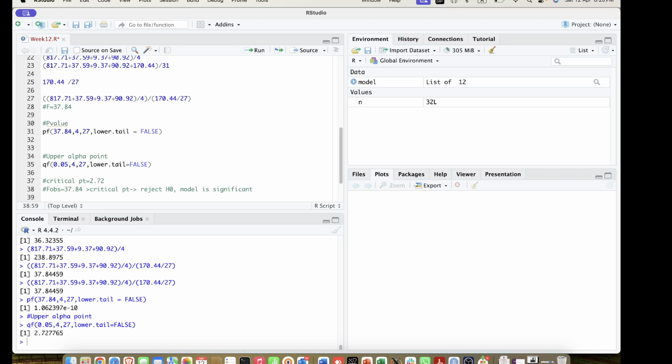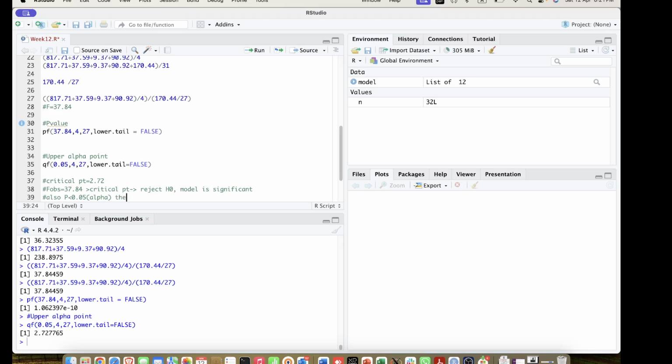Okay, and also the p-value, same thing, either we talk in terms of the critical value or in terms of the p-value. The p-value is also less than 0.05, my desired level of significance alpha.